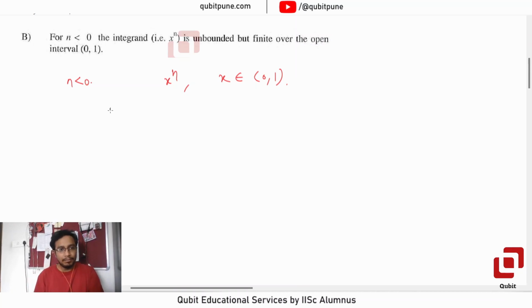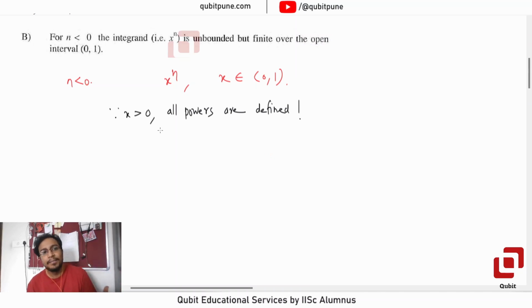Look, because x is positive, all powers are defined. Raise your hands if you understand this. All powers are defined because it is an open interval and x is positive. Had it been negative, then we would have had trouble with n being 1 upon 2 or something like that. So all powers are well defined, and if you choose n equal to negative 1, then we know that the limit of 1 upon x as x tends to 0 from the right is infinity.